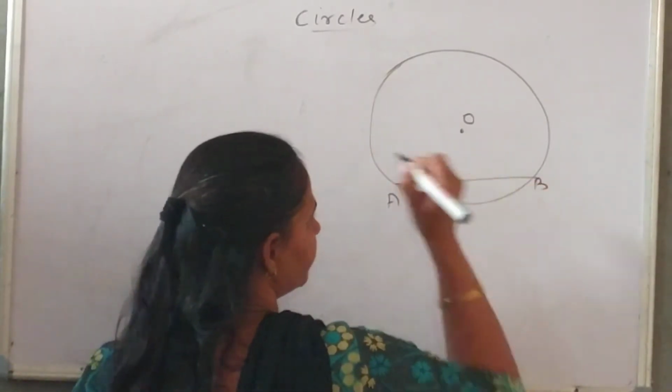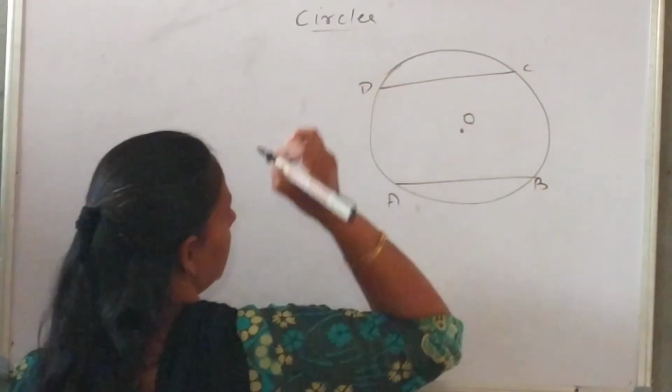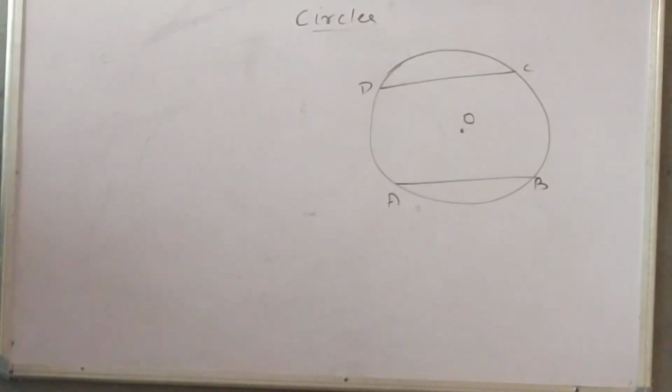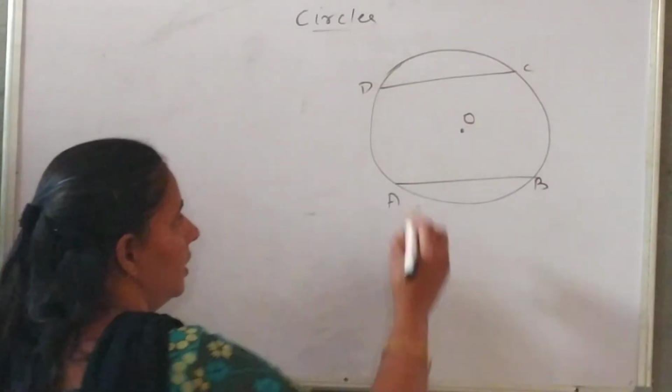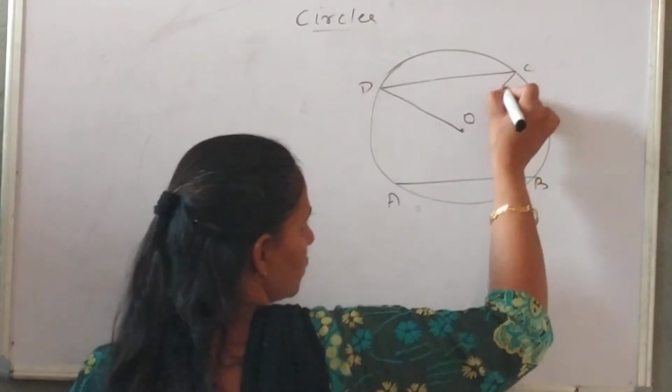A, B and C, D. These are two equal chords and you have to prove that these equal chords subtend equal angle at the center. To do this, join endpoints of chords to the center.